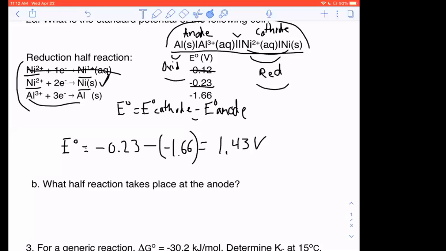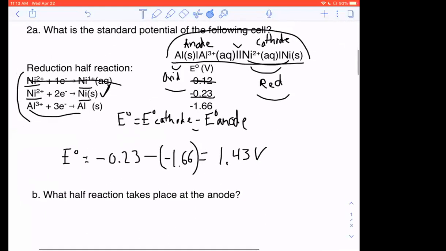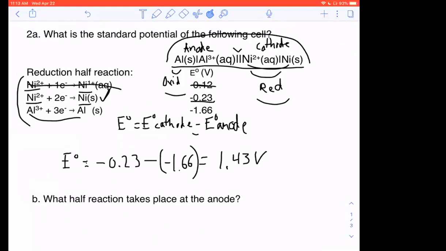I don't really know how you could send it to me very easily, but basically it's the anode, and we already defined that reduction happens at the cathode and oxidation happens at the anode. So what's going to happen at the anode? We said this side is the anode, so it involves aluminum and aluminum 3+, and the oxidation reaction is going to take place here.